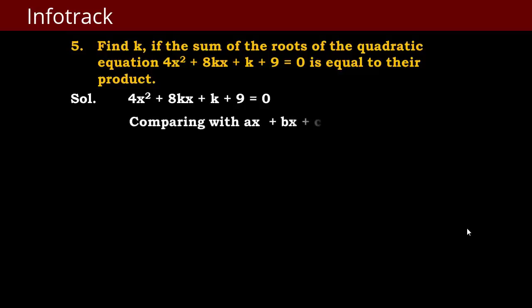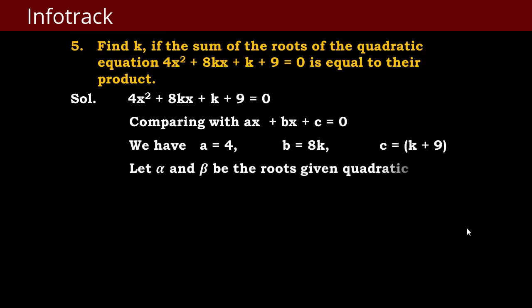Now comparing with ax square plus bx plus c is equal to 0, we get a is equal to 4, b is equal to 8k. Students, see here the coefficient of x is 8k, not only 8, it is 8k, and c is k plus 9. So alpha and beta are the roots of the given quadratic equation, and see student, it is given, very important, the sum of the roots of the quadratic equation is equal to their product.